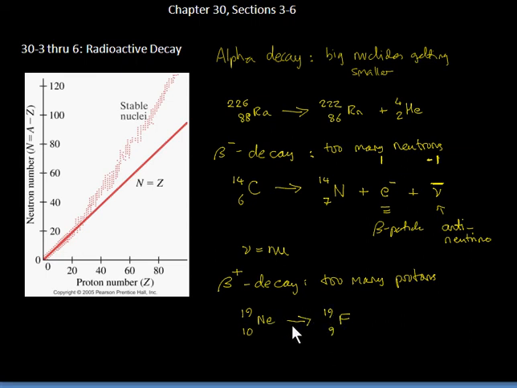And in order to do this, we've lost a positive charge in the nucleus, so we must have emitted one, and we emit a positron. We saw that before with pair production. It's the antiparticle to an electron, and because this is an anti-electron, we're going to get a regular neutrino. So this has a lepton number of -1, this has a lepton number of +1.